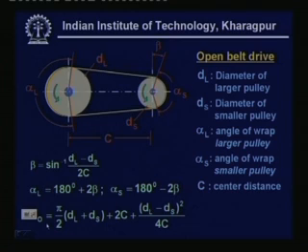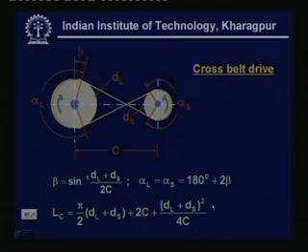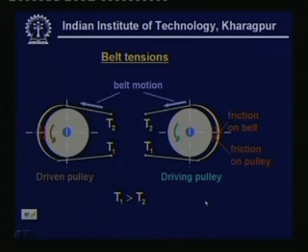It is important in this case to know what the belt tensions are. Now, one has to know that these belt drives primarily run on the friction principle, meaning the friction between the belt and the pulley is responsible for transmitting power from one pulley to the other pulley.